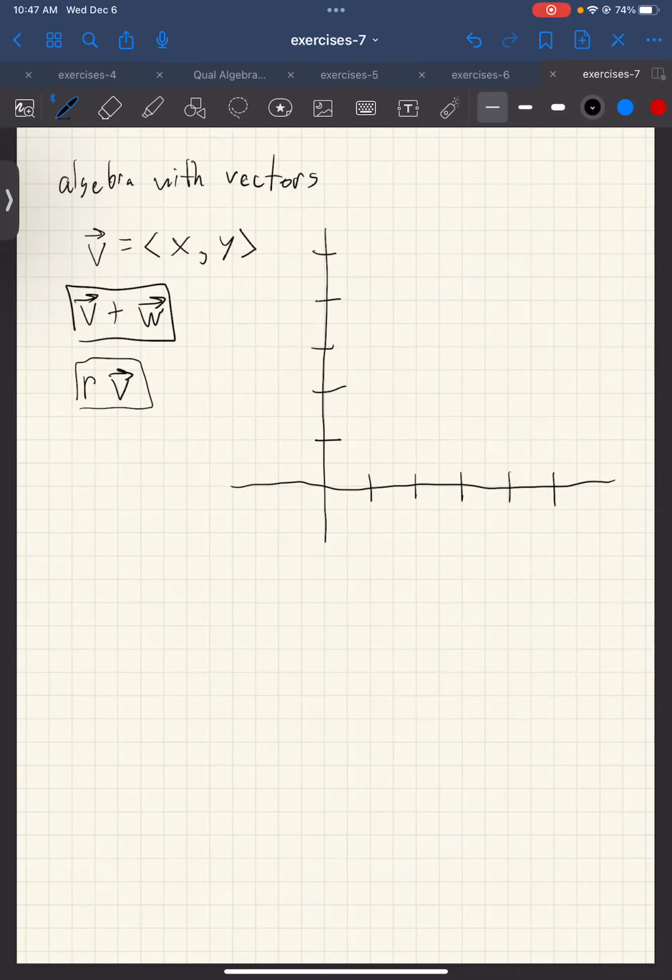So let's say I have the vector v is 2, 4, and w is the vector 3, 1.